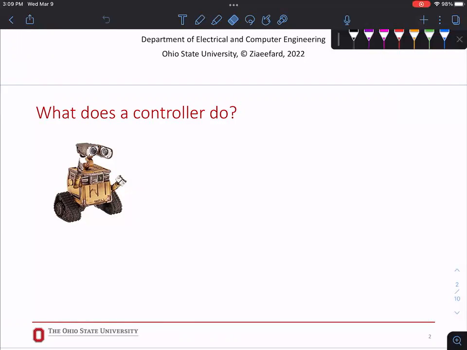So every time you're designing a controller, your first question should be, how's my system behaving? Is it what I desire? If yes, leave it alone. If it's not what I want, then I'm going to manipulate it and change it in a way that it does. So that's your controller, right? We call it controls things. Now, you could call it a compensator, it's the same thing. Compensating for a lack of something in your system.